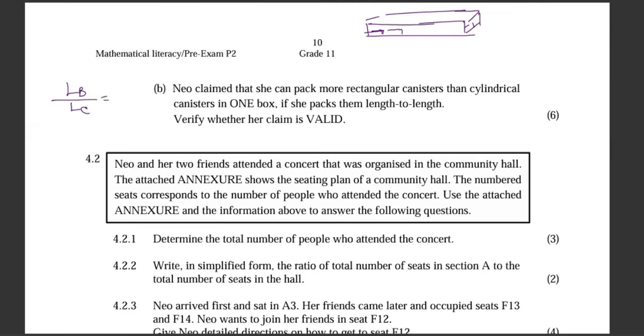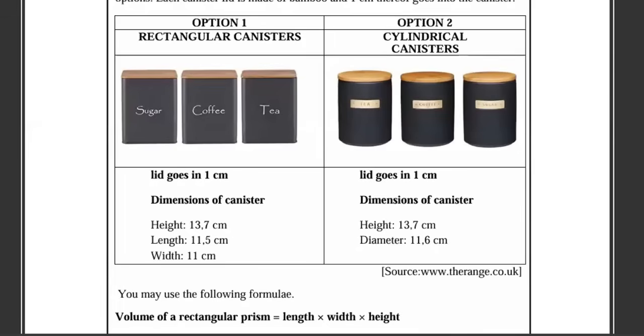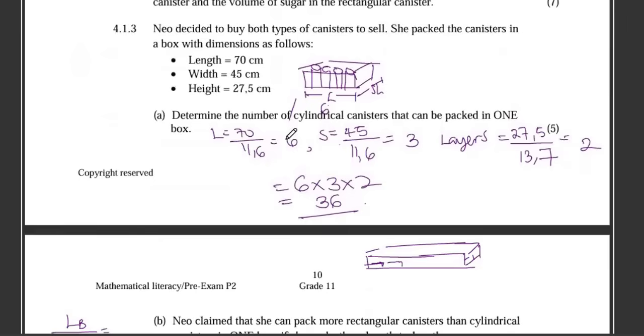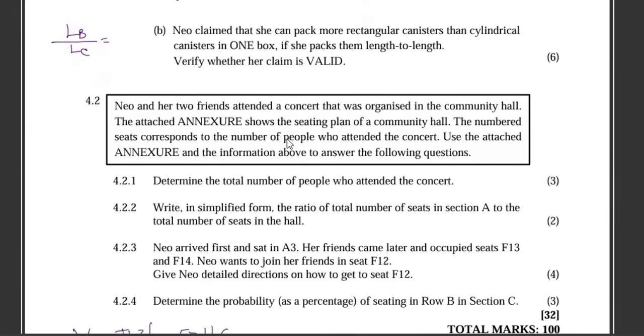So we shall say the length of the box is 70 centimeters. Length of the can stand is 11,5, which gives us what? 6. Then this is on the long side, you have 6. What about the short side, which will become width of the box divided by the width of the can stand?